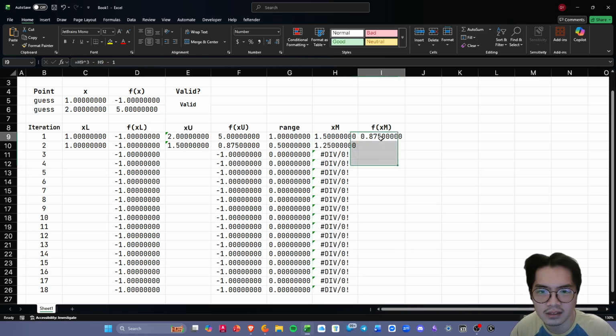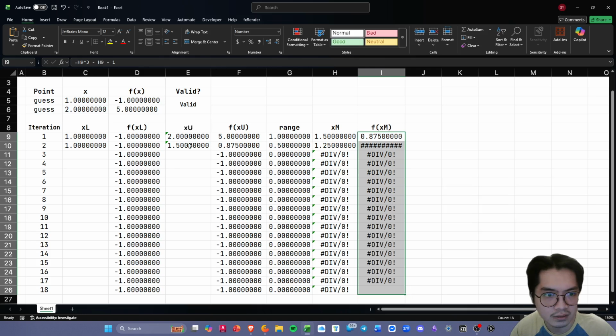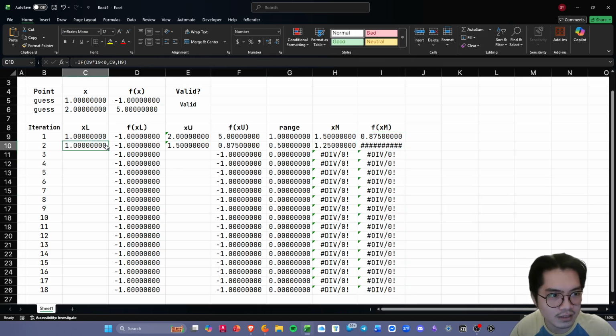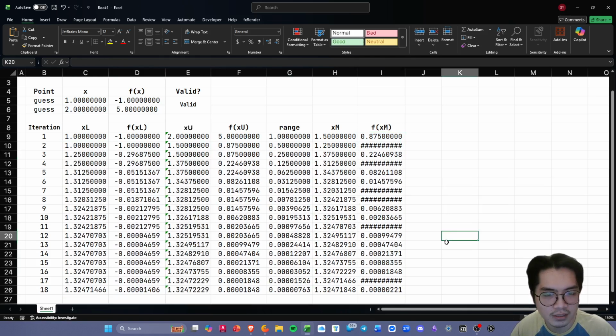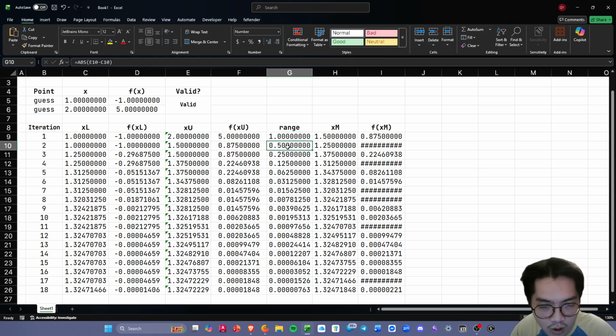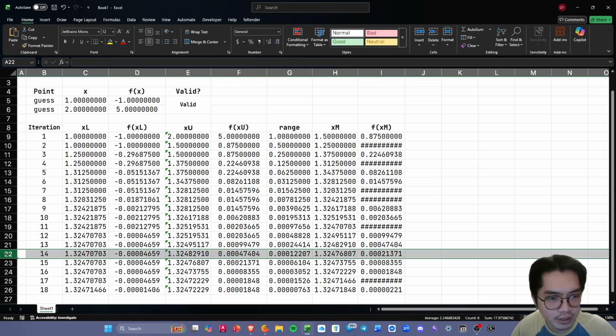And this down as well. You can now see that the range gets smaller and smaller until you will see 0.0001, right?